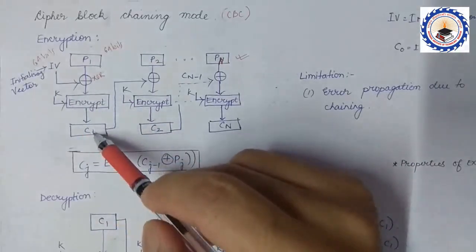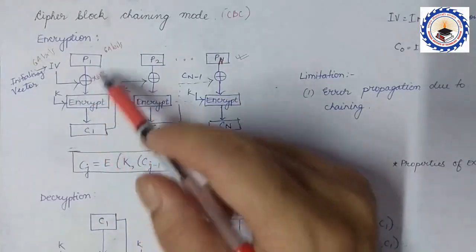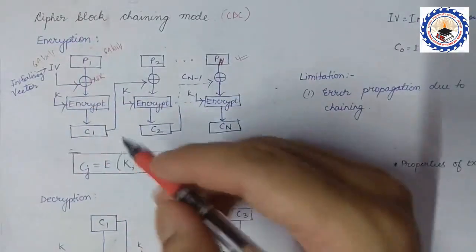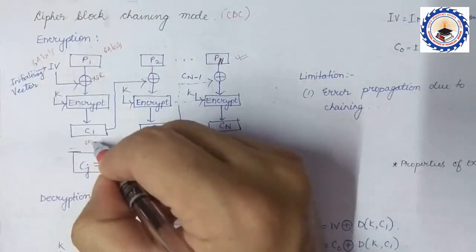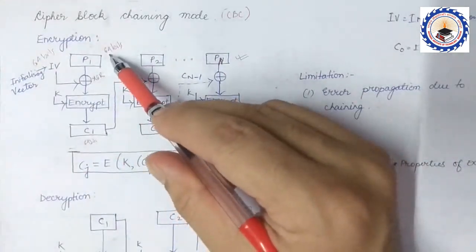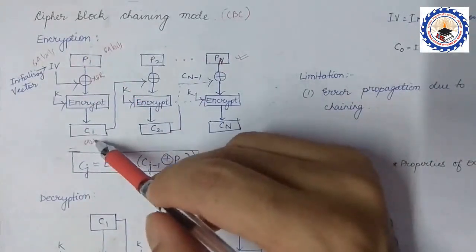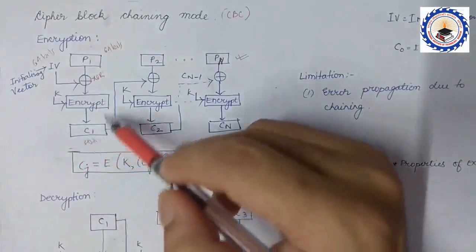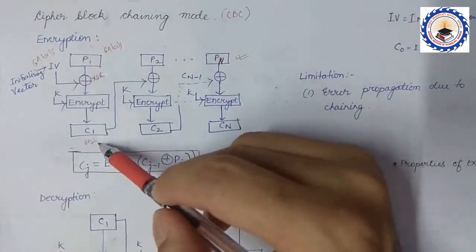Then we generate the ciphertext. As an example, if the plain text blocks are 64 bits, then the ciphertext size for that instance will also be 64 bits.